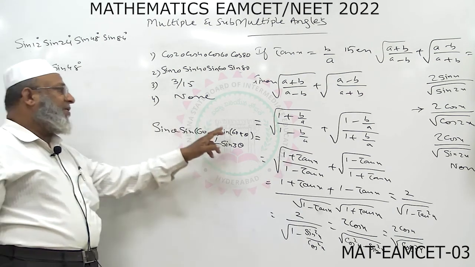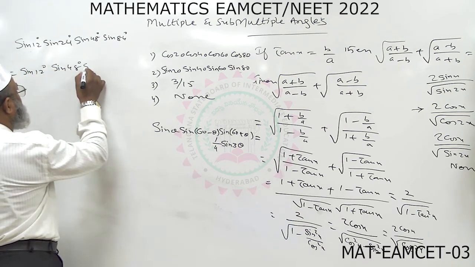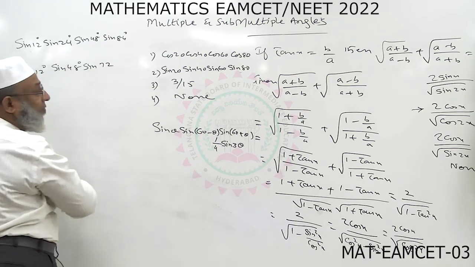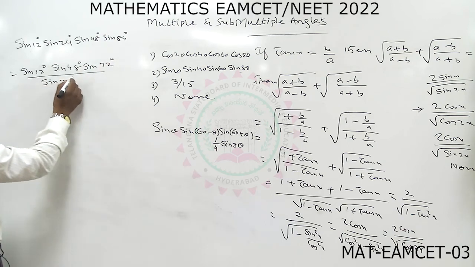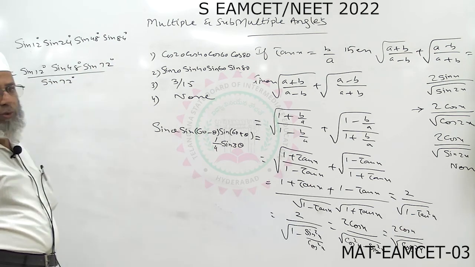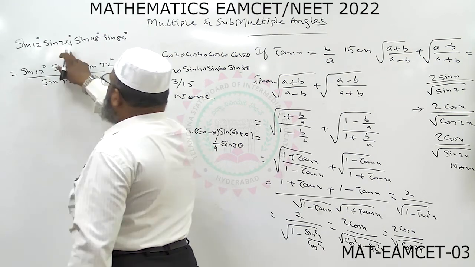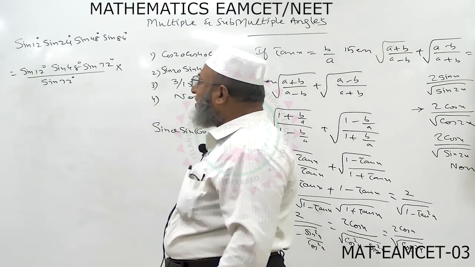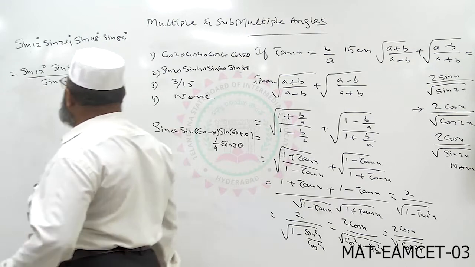So, it means that I want one more value, that is 60 plus 12, which gives me 72. So, I have to multiply and divide by sin 72, right? So, into, again, two more terms are available. What are the other two terms? One is sin 24 degree, another is sin 84 degree.